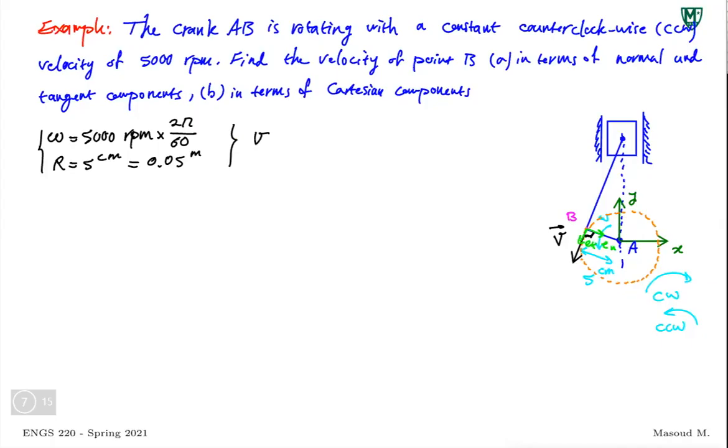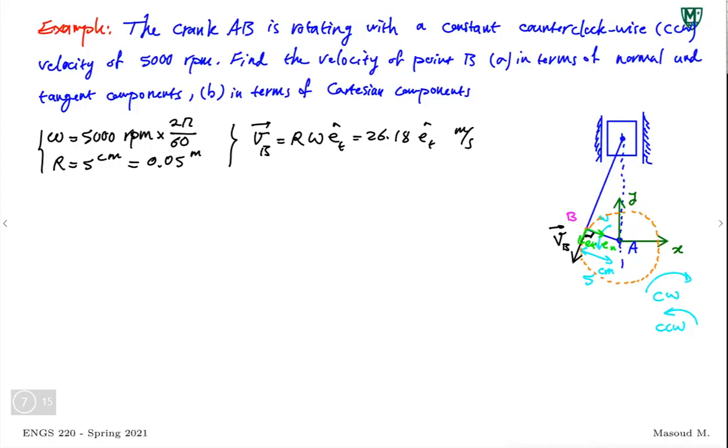So since I don't have that number, I'm just going to cheat and write it this way. Let's call this VB, since it's the velocity of point B, would be r omega. And since I'm writing it in vector form, e_t. You do this multiplication, you get 26.18 e_t, meter per second.